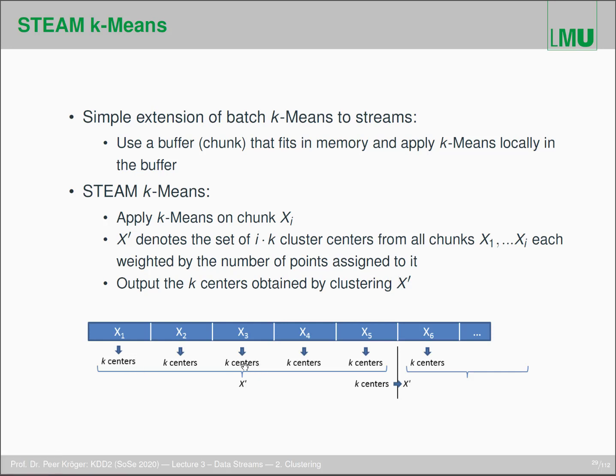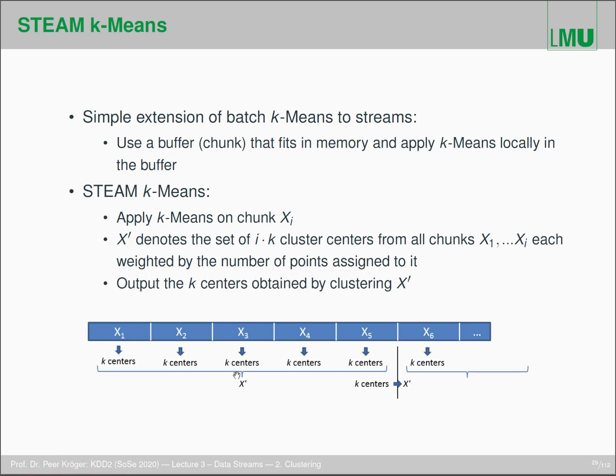That's a trick to upweight or downweight cluster centers that represent a high or a low number of points. And then you get a clustering for at least this time period here. So you can say, okay, up to here I want to have a clustering. So you do that up to here in the chunks, and then cluster the chunks.